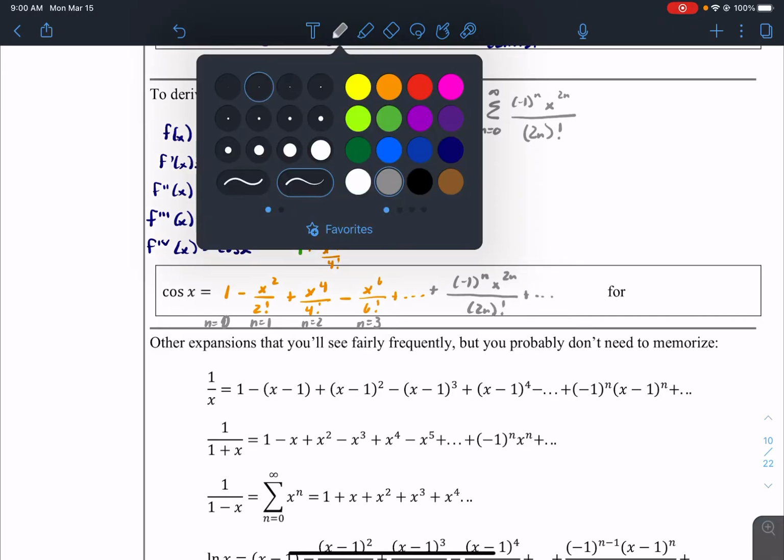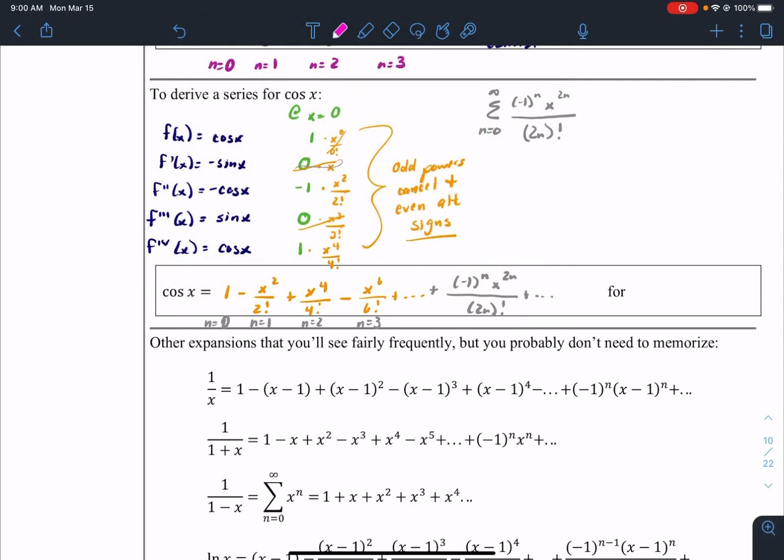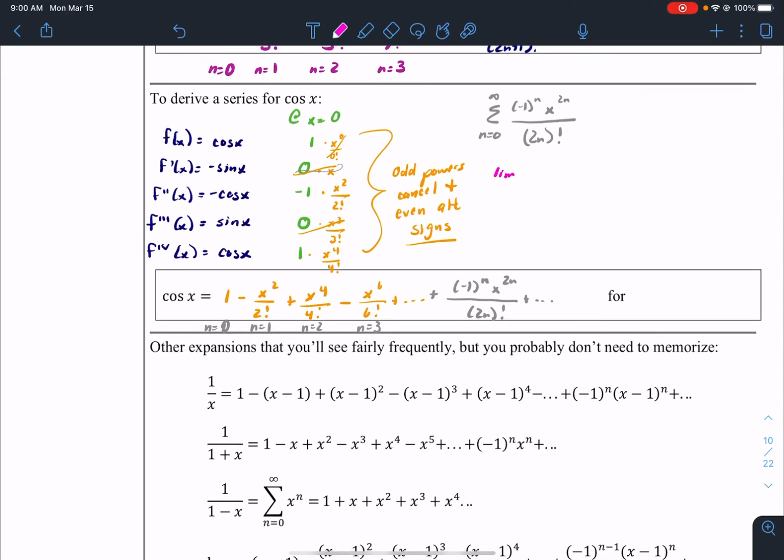So let's double check that my interval of convergence is negative infinity to infinity, and it should be, but I'm going to skip the immediate step with the ratio test where you have a sub n plus 1 over a sub n. I'm going to write that as just one fraction instead of a complex fraction.